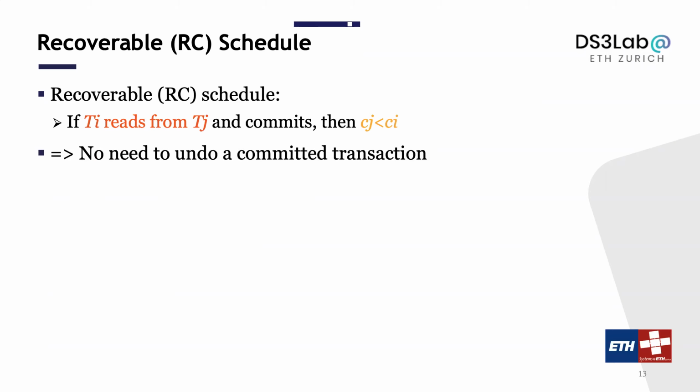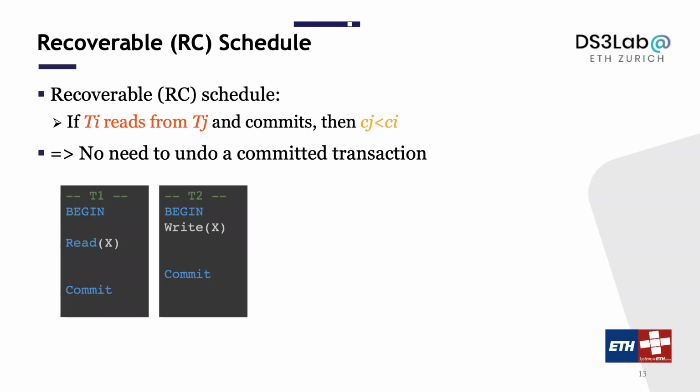The high-level intuition is, if a schedule has this property, you will never be in a situation where you need to undo a committed transaction. You have the hope to enforce durability. Otherwise, if I have to undo a committed transaction, there's no way I can give you durability. That is when I say the whole thing is actually not really recoverable, because there's one property I cannot really guarantee.